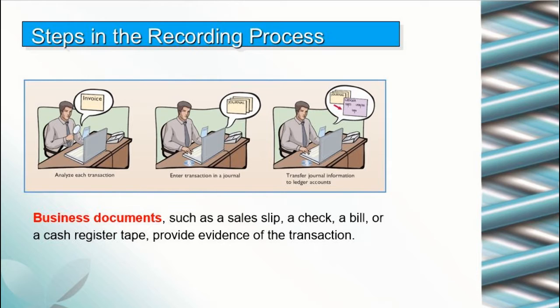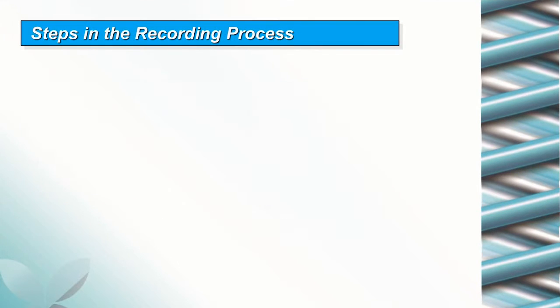The company then enters the transaction in the journal. Finally, it transfers the journal entry to the designated accounts in the ledger. The steps in the recording process occur repeatedly.